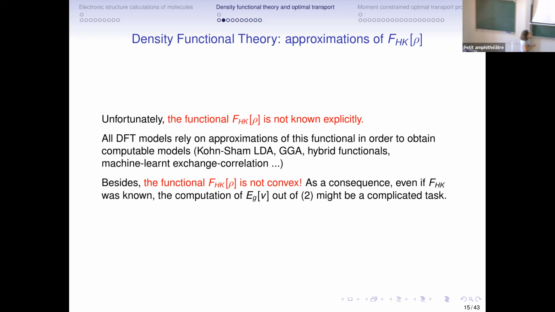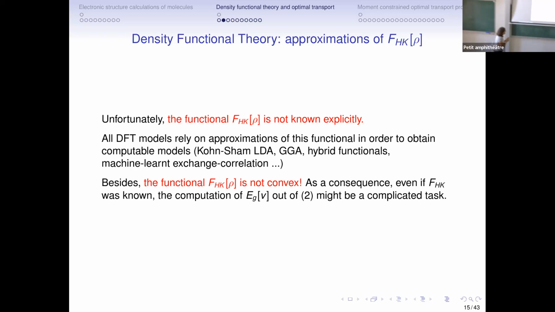I'm just mentioning, for instance, Kohn-Sham LDA. Kohn obtained the Nobel Prize in Chemistry for the approximations that he developed there, okay? All these functionals have a range of molecules for which they work well and for which they do not work well, and there are different reasons for choosing one approximation or another for different types of systems.